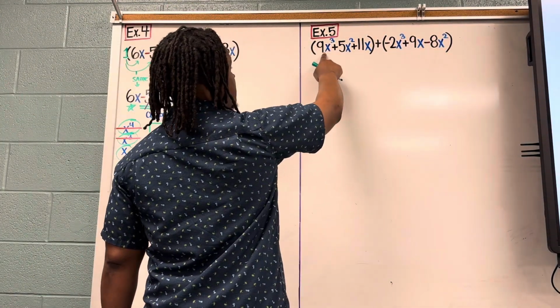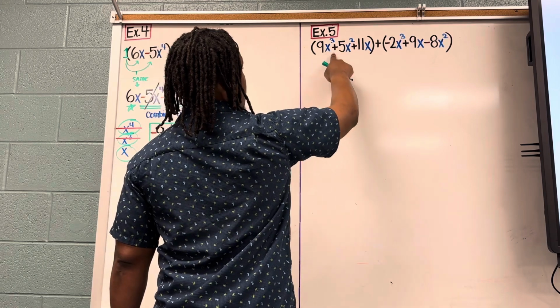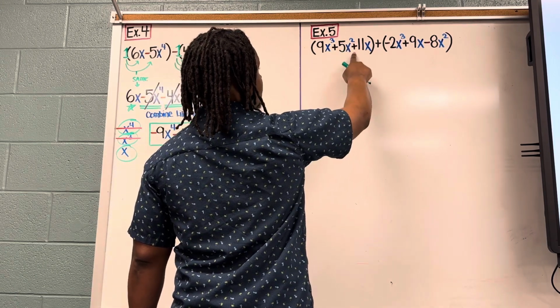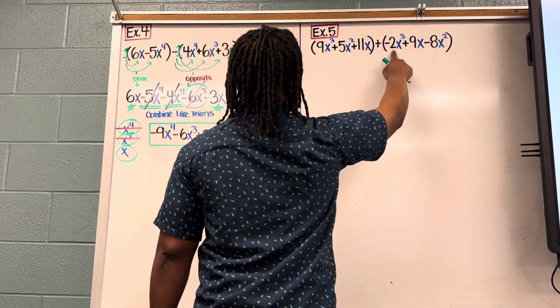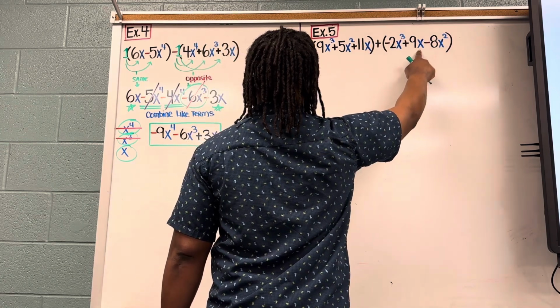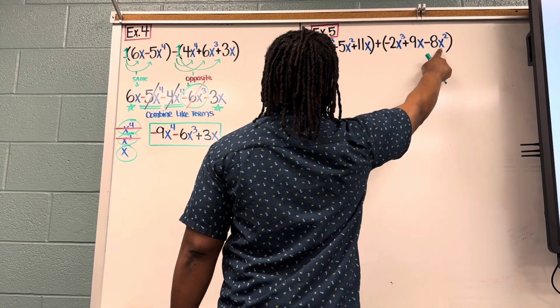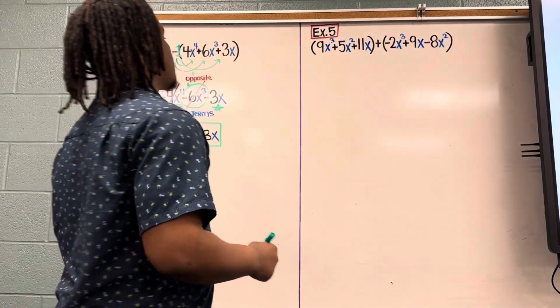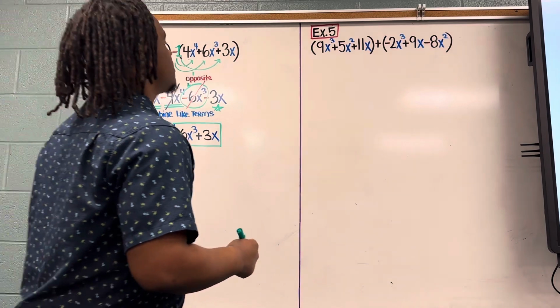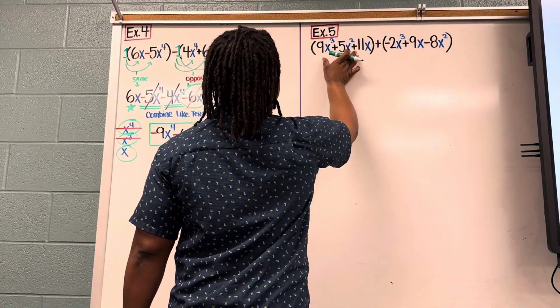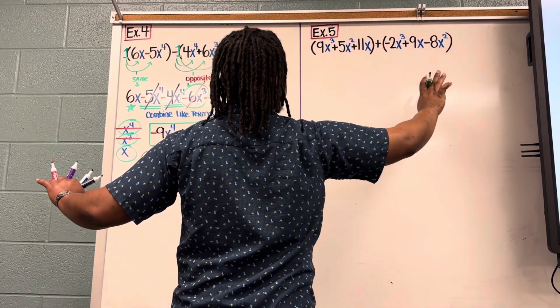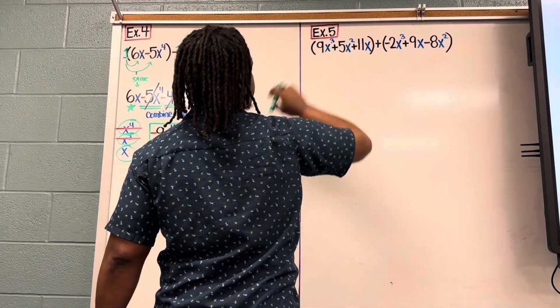We have parentheses, 9x to the 3rd power plus 5x to the 2nd power plus 11x, parentheses close, plus negative 2x to the 3rd power plus 9x minus 8x to the 2nd power, okay? Now, if you notice, guys, there are two different expressions in two separate sets of parentheses, right?